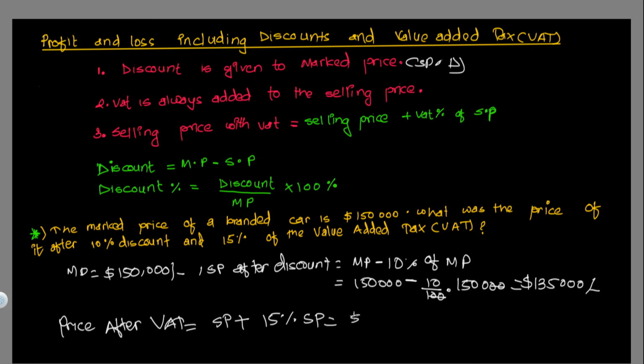Selling price is $135,000 plus 15 over 100 of the 135,000. If you use the calculator, we get this amount as $100.